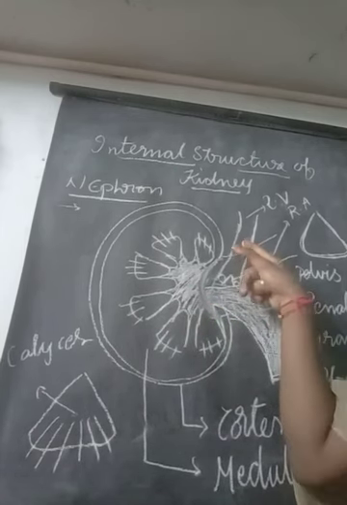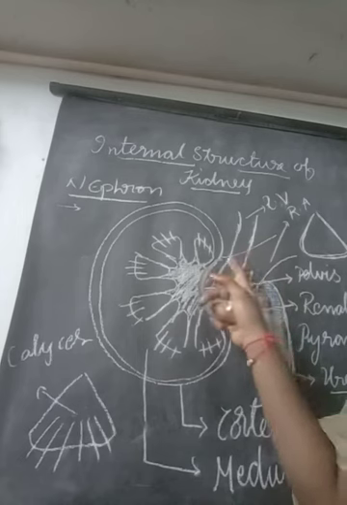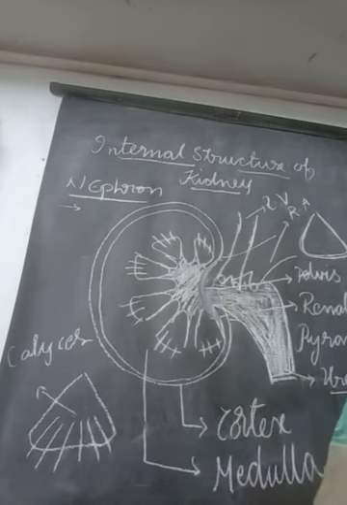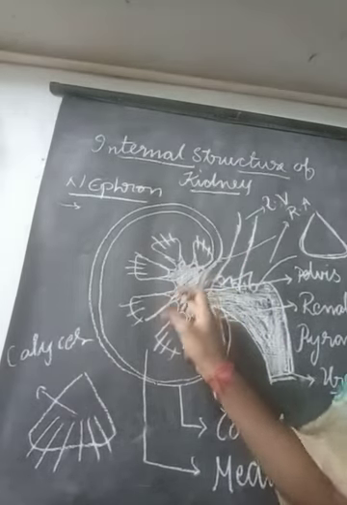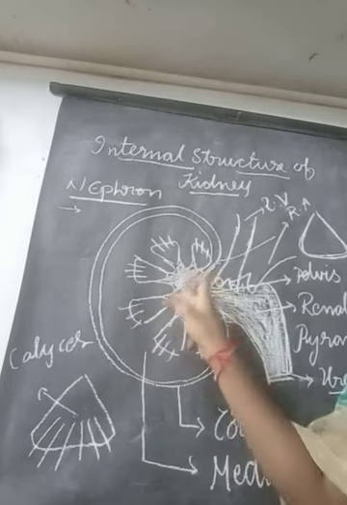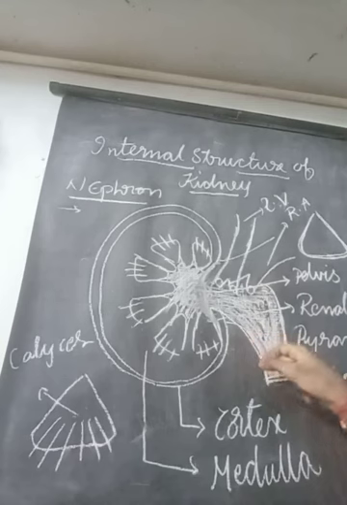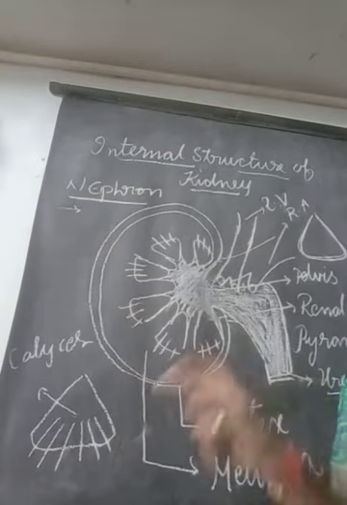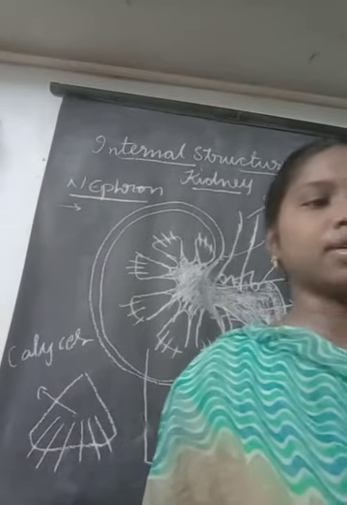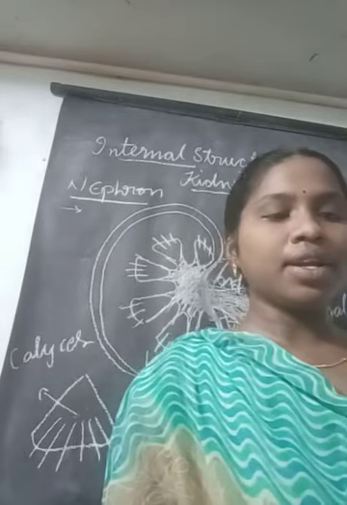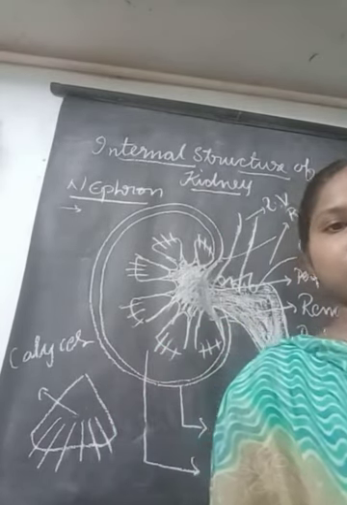From hilus, entry and exit of renal artery, renal vein and ureter takes place. But pelvis is the zone where we can see the exit of ureter. Is it clear? Did you understand these 2 points?